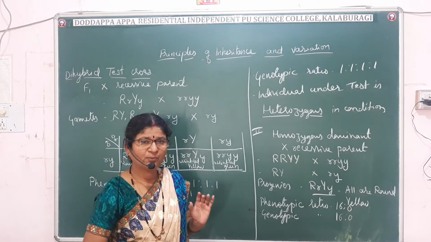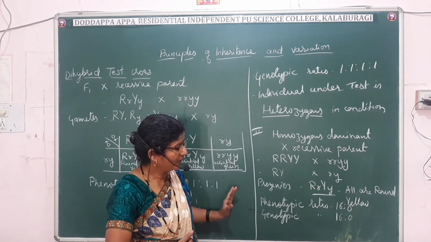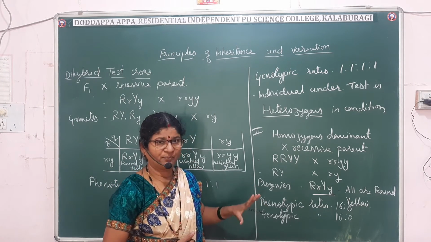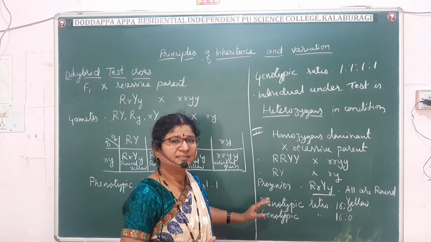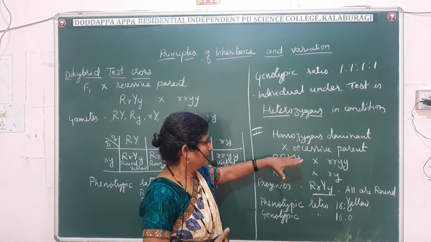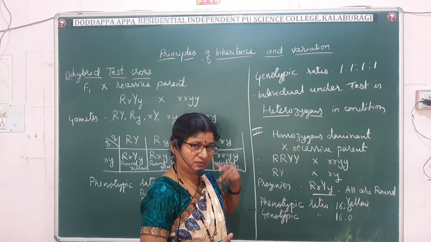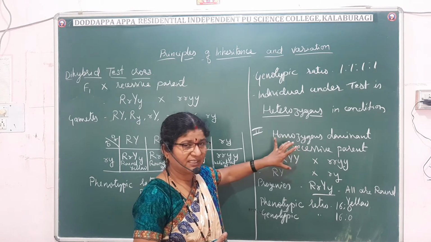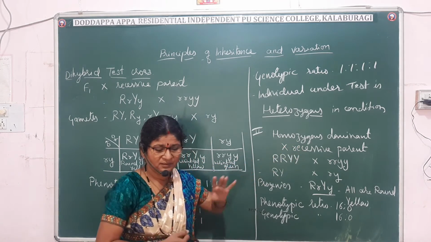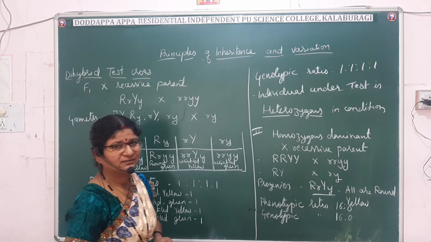You are going to get only one variety. So when you get dominant character only, with no recessive characters at all in the result, then the individual which we take for the test is homozygous dominant. It is one case. Hope understood. Now let me go to the next one.